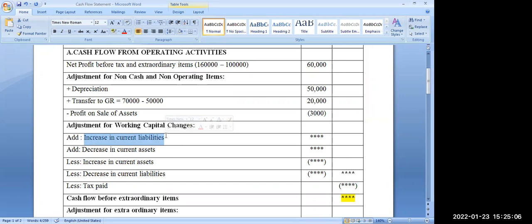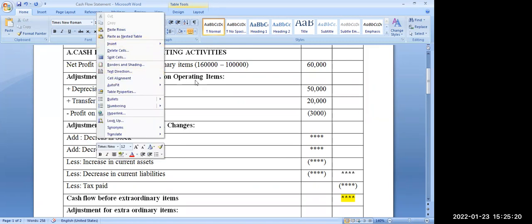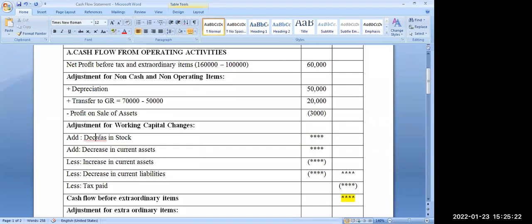Add or minus? It should be added. Decrease in stock to be added. How much is it? 1 lakh minus 75,000. It is 25,000.